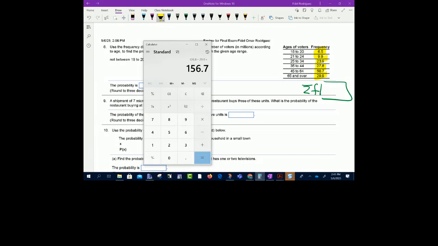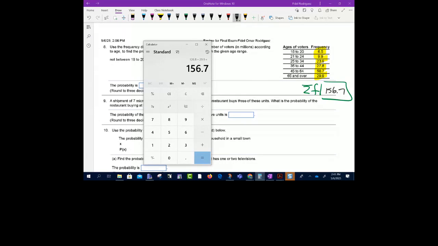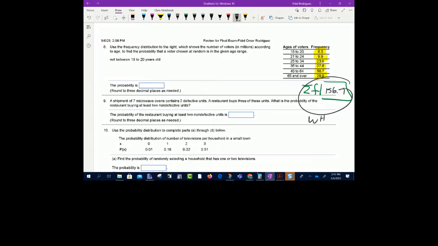So my sum here, y'all, is 156.7. I needed to know that because remember, the probability is always going to be part out of the whole. So this here, that's our whole, the number of people who voted.